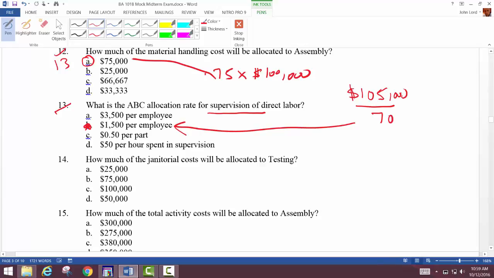That's number 14. Question? So that just wanted the rate per employee, didn't it?